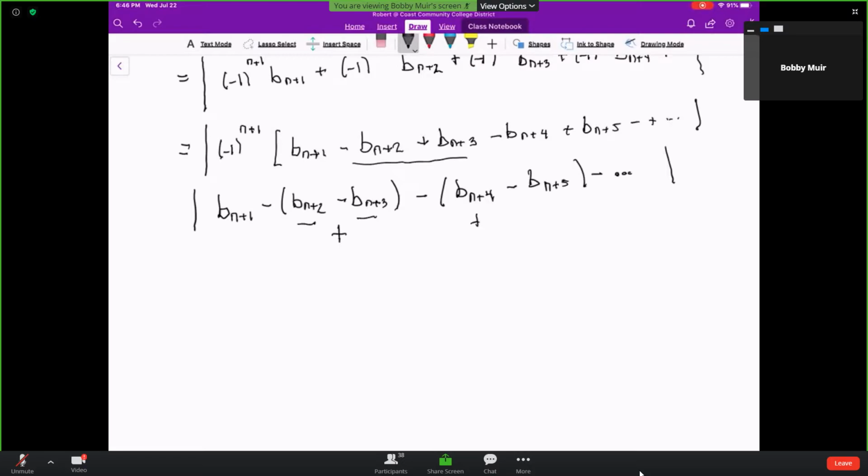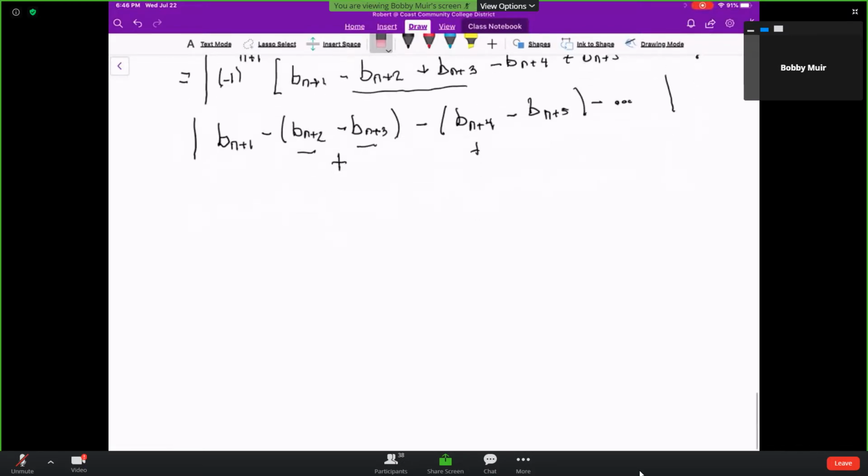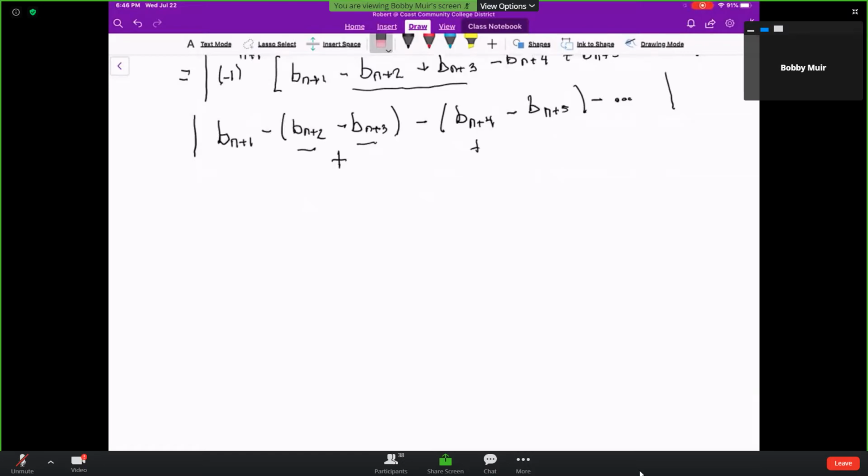Okay. So this is that, wait, hold on. Wait, I missed a step. Hold on. Okay, wait, start over. I missed a step. There's a way I'm going to get rid of the absolute value.